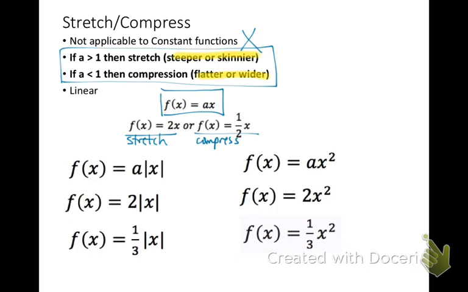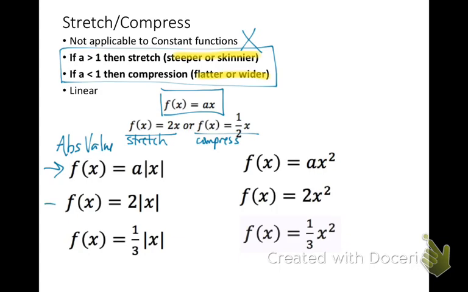Now for absolute value, I lost my titles here, but I'll just write them in. So go to your absolute value box. f of x equals a times the absolute value of x.